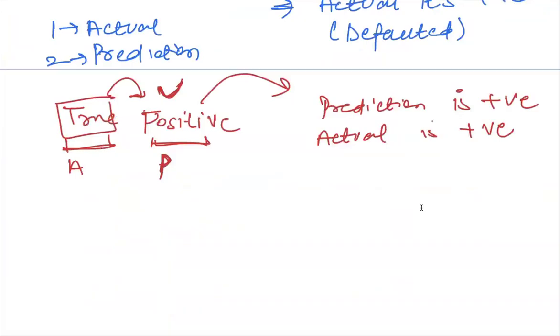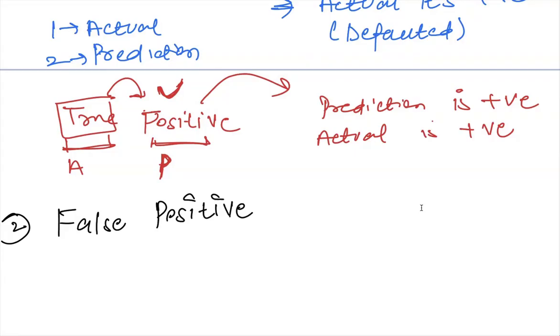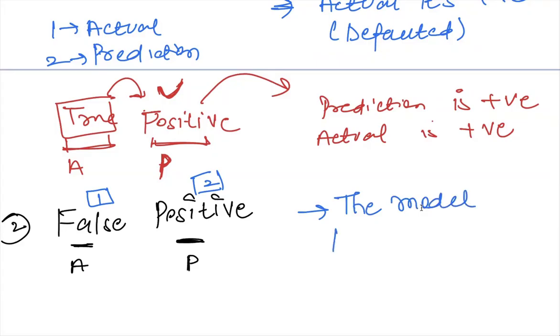But let's say I write false positive. Your first term is actual, your second term is the prediction. The model predicted positive, which means default.